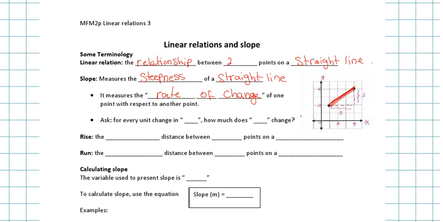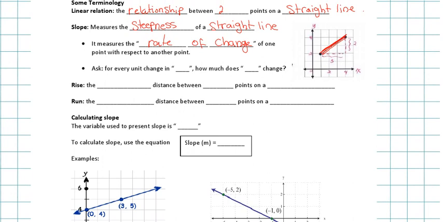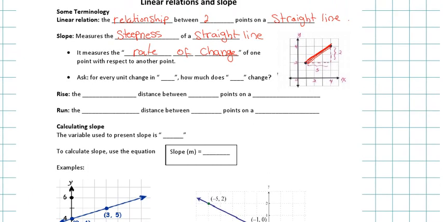So when you are asked to measure the slope, you're going to ask yourself, for every unit change in x, how much does y change? Okay? So if I want to measure the steepness of this line, I'm going to have to see how much does my y change with respect to every x. That's what it is.